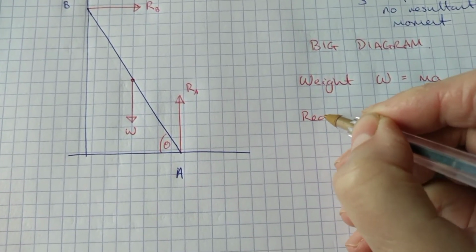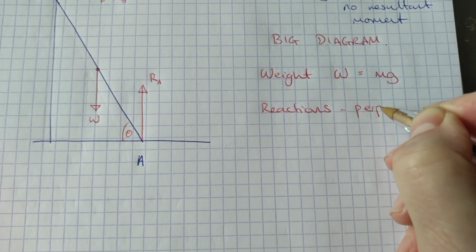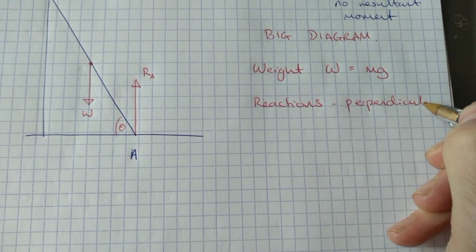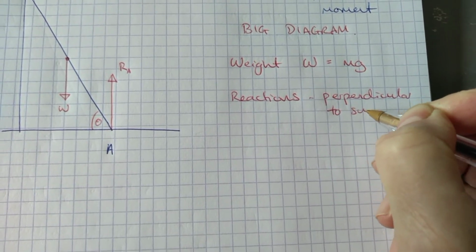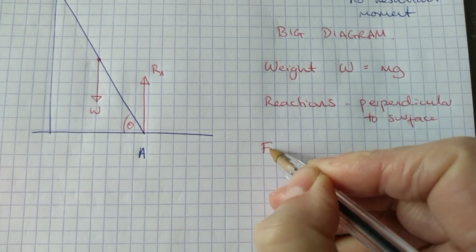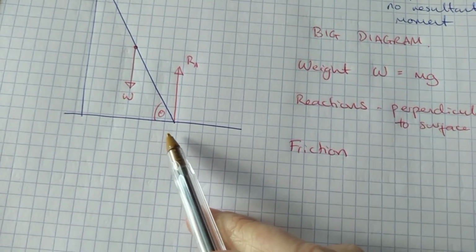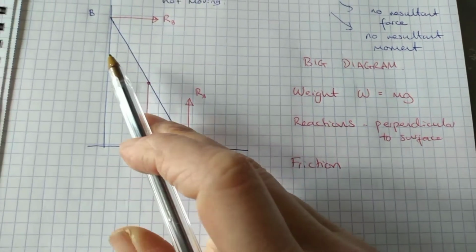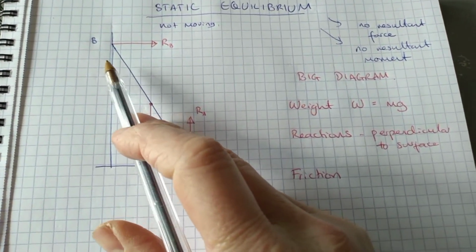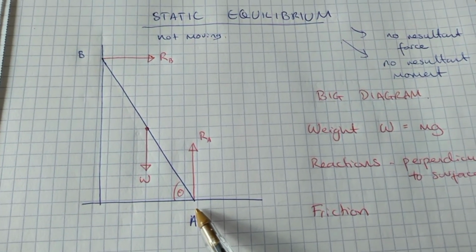Now, depending on the question, you might have a smooth ground and a rough wall, or a smooth wall and rough ground. So read your question carefully. You may have rough ground and rough wall with a different coefficient of friction, so a different amount of roughness on the two surfaces.